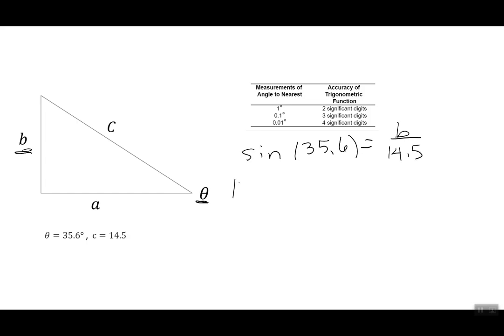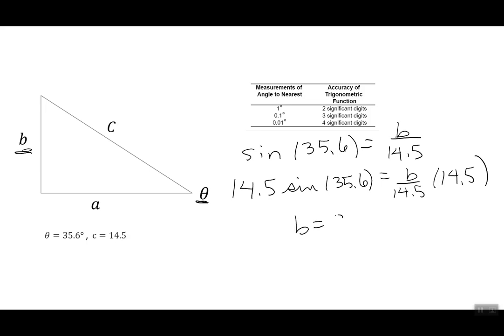Just like I did in the last problem, I'm going to multiply both sides by 14.5 and enter 14.5 times the sine of 35.6 in my calculator. B will give me 8.44. Once again, I'm using 3 significant digits to match my 1 decimal place from my angle.